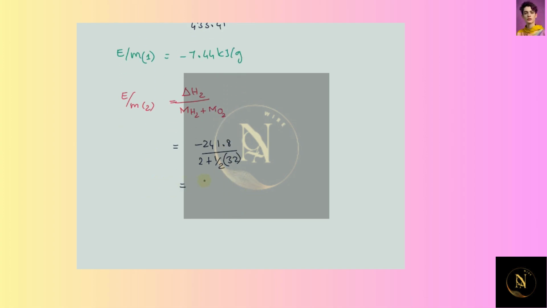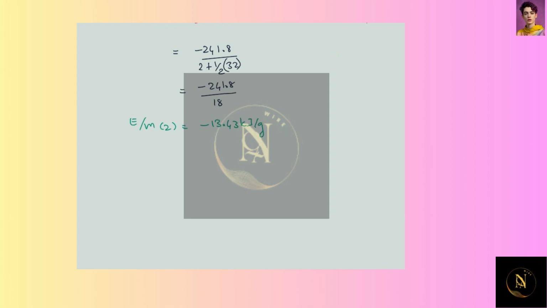On solving this, we get minus 241.8 divided by 18. So the energy to mass ratio of reaction 2 will be equal to minus 13.43 kilojoule per gram.